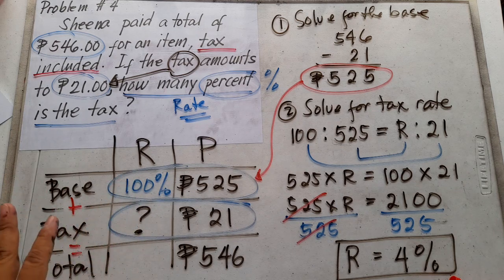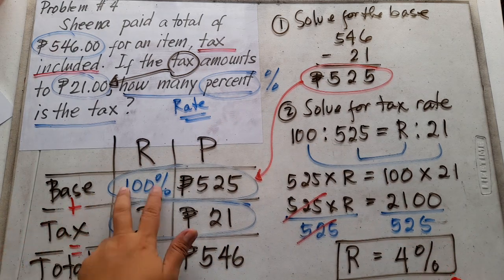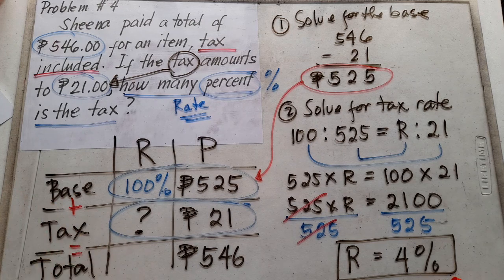Kasi you need to change that first to decimal before you can use it for computation. So, dito, dahil naka-ratio and proportion tayo, okay lang na ginamit natin yung rate without changing it to decimal. Okay? So, that's problem number 4.